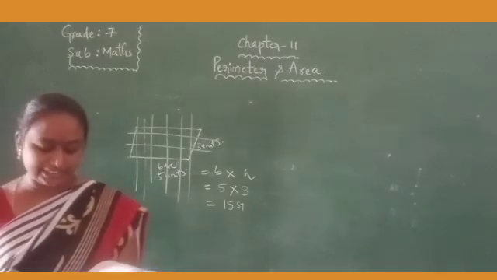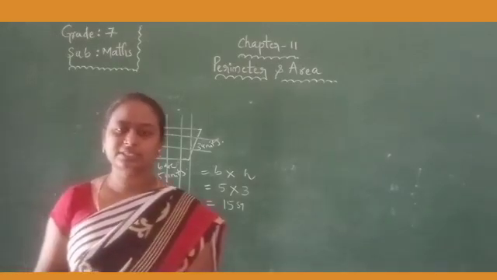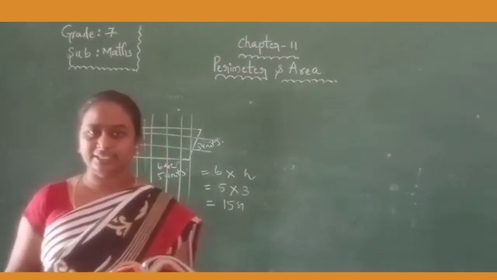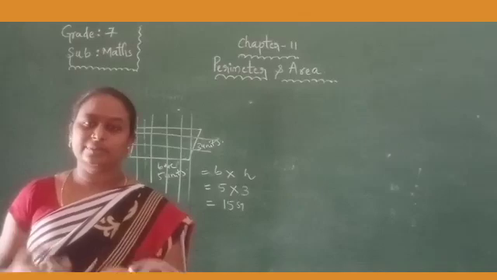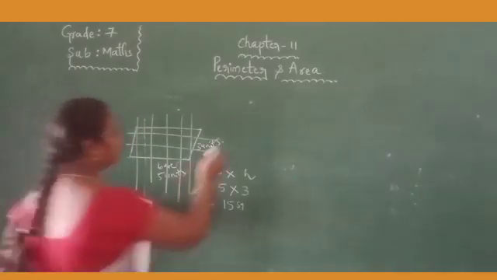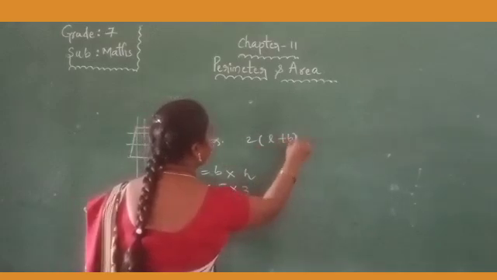What is the perimeter? The area of the parallelogram is equal to the area of the rectangle, so we know the perimeter of a rectangle. What is the perimeter of a rectangle? 2 into (L plus B).